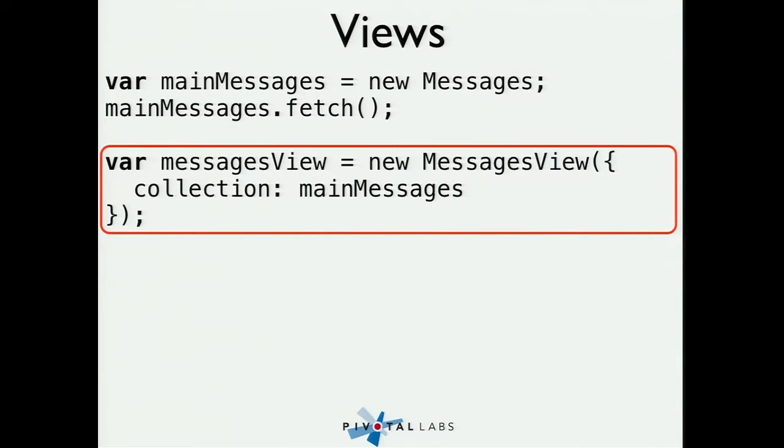Collection is a magic parameter to a Backbone view. Typically, a Backbone view can be associated with an individual model, or it can be associated with a collection. So you can pass it a model as the parameter. If you're looking at a profile page, probably the model that you'd pass in would be the user whose profile you're looking at.